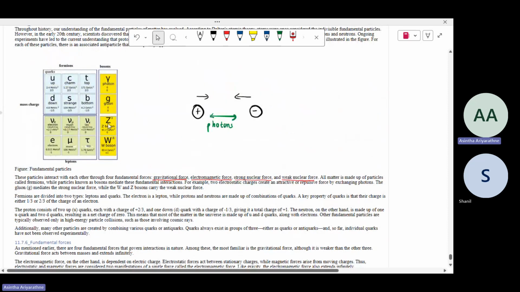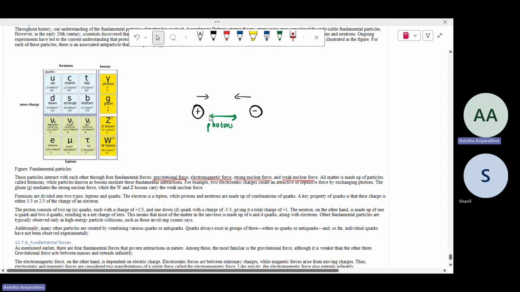Z and W bosons correspond to the weak nuclear force. Gluon corresponds to the strong nuclear force. And the photon is responsible for electromagnetic forces. The attraction force between positive and negative charge is an electromagnetic force.